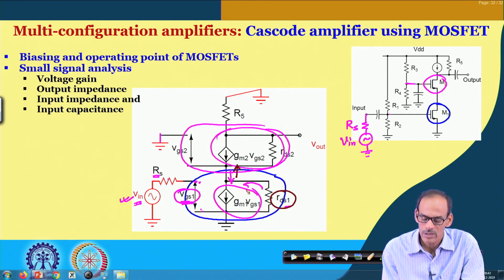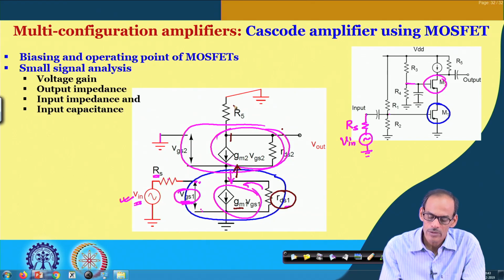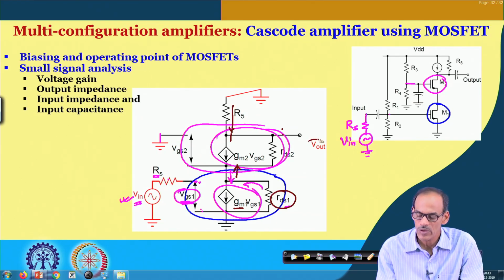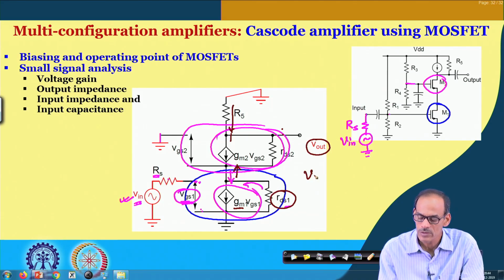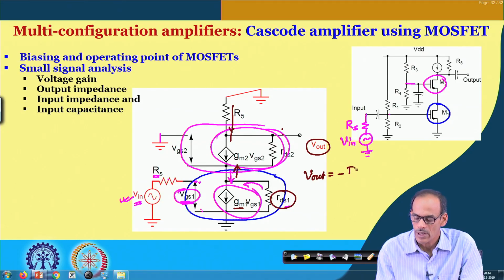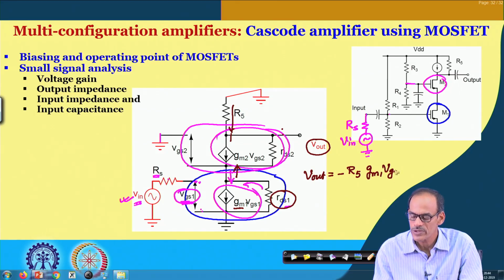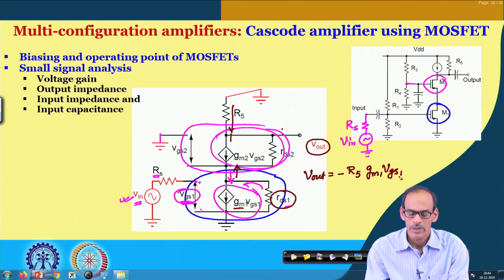So, we can say almost this entire current is coming through this circuit, and as a result it is arriving at the output node, and while it flows through this RD, it produces the corresponding voltage Vout. So, the Vout we can say is minus RD multiplied by gm1 into VGS1.